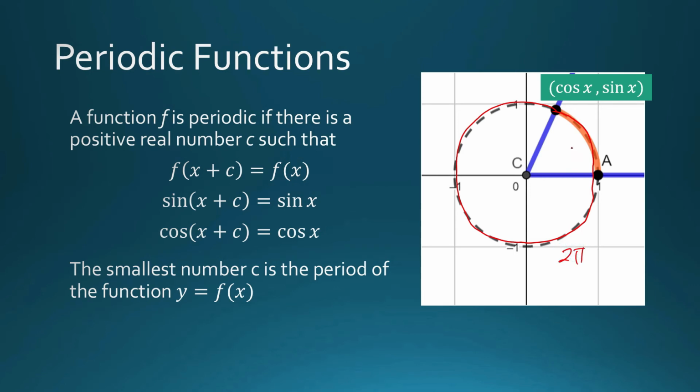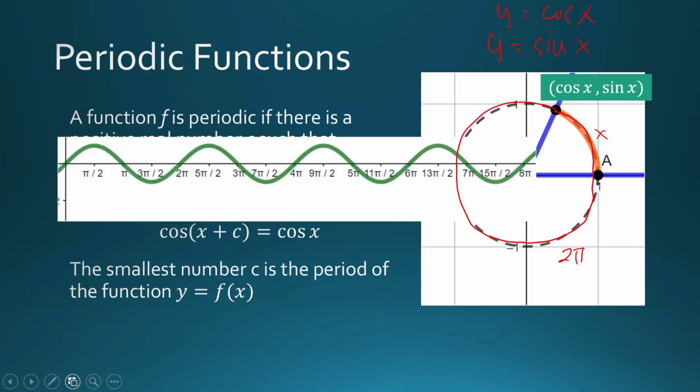I am back to the same terminal point of the arc whose length is x. So that is telling you something. The period of your function y is equal to sine of x, or y is equal to cosine of x, is 2 pi. That is the smallest number c so that sine of x plus c is equal to sine of x.